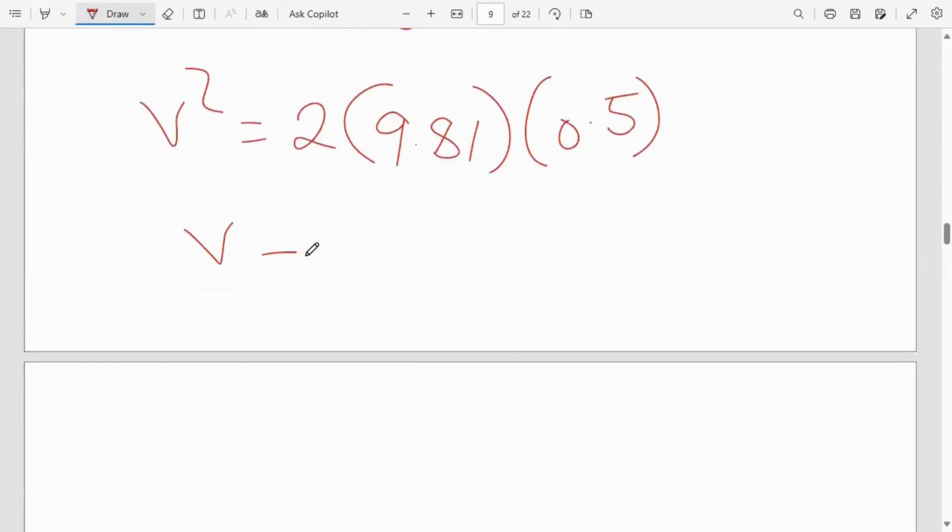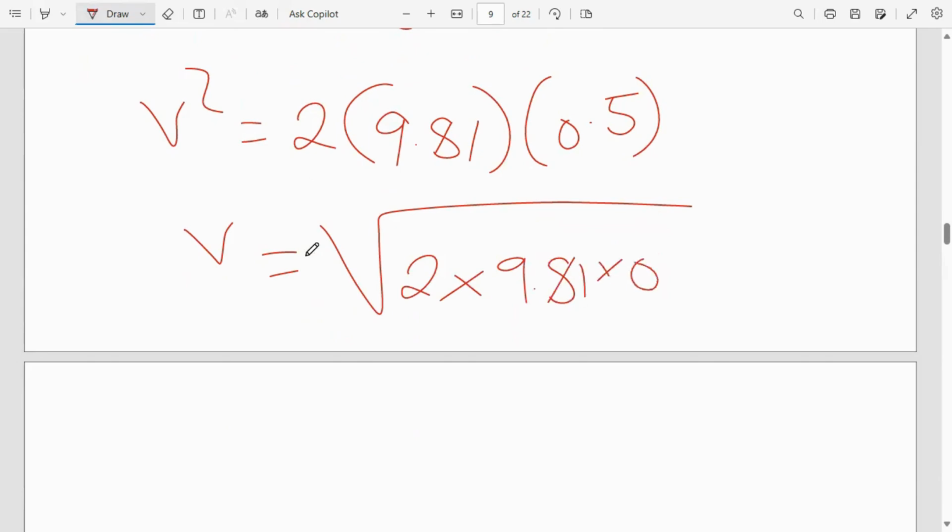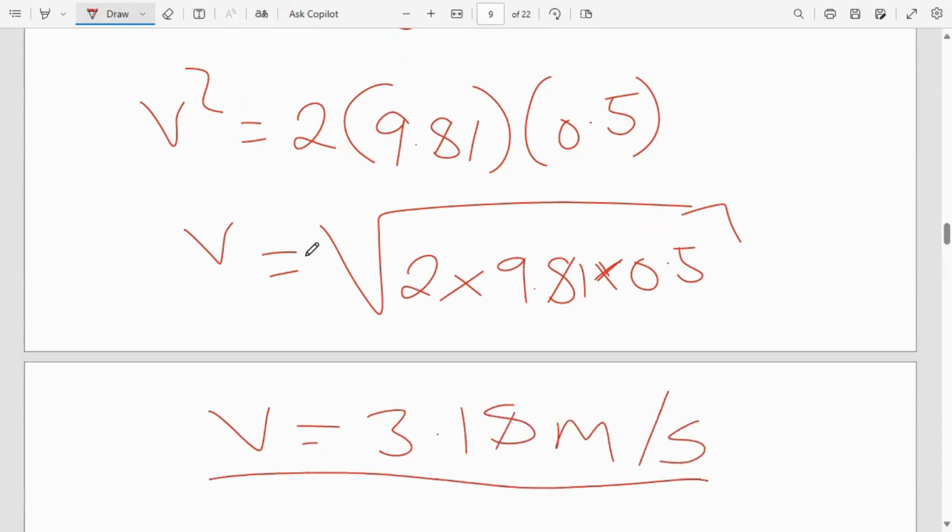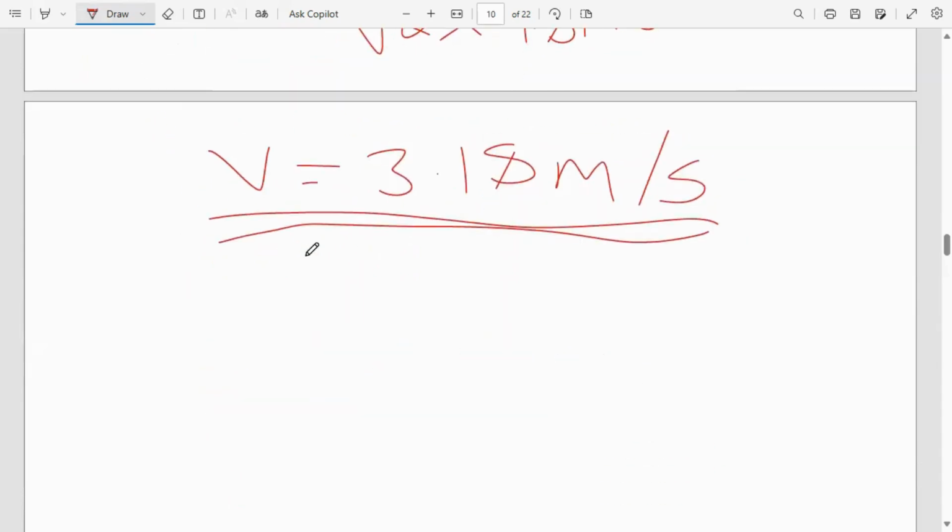So my V will be equal to the square root of 2 multiplied by 9.81 multiplied by 0.5, and I'm going to get V equal to 3.13 meters per second. That is the final velocity of the ball when it reaches point B. Okay, so that was question 2A.